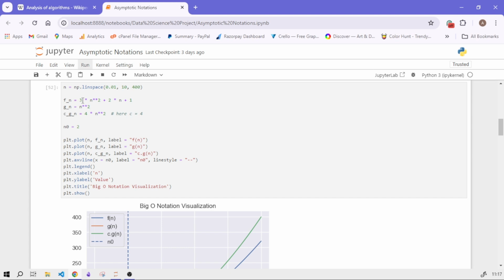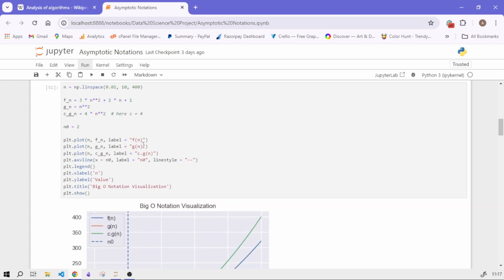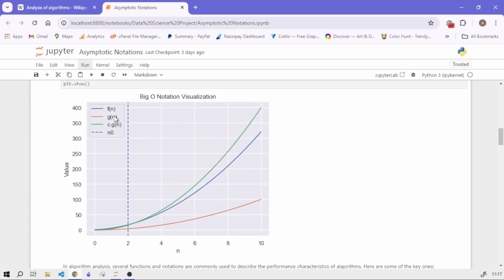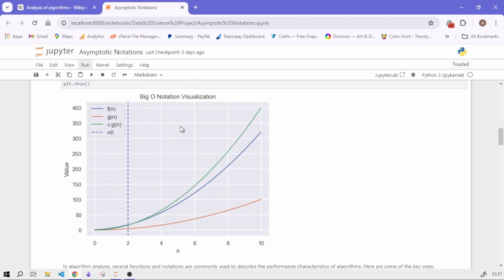Usually we try to take one coefficient bigger than this one, so that is something you have to figure out. And then we have n naught, which is nothing but a threshold that we take. Now what happens after this threshold, whenever we enter a value of n, this function f(n) will always be below, less than or equal to, that c times g(n).